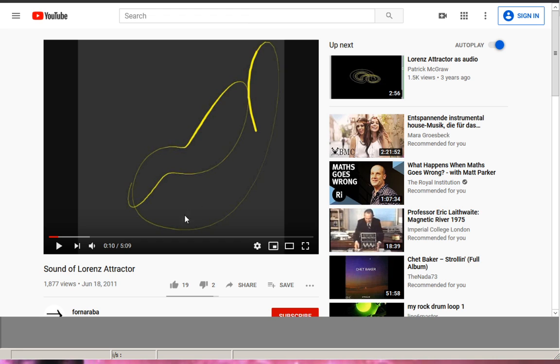What he's done here is the dots on the low end represent low frequency. The dots on the top represent high frequency. So he's representing the location of the dot as a representation of pitch, and the amplitude's constant. Unless where the lines are thicker, they're louder. I don't know.